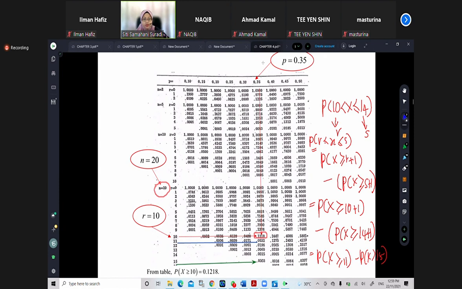So P(X more than or equal to 11) minus P(X more than or equal to 15) is equal to 0.0532 minus 0.003. Okay, what's the answer? Calculate for me.